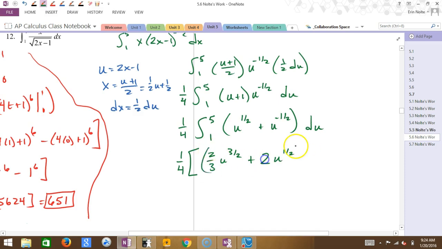Okay, I still need to plug these in. Before I plug my 5 and 1 in, and remember those are in terms of x, right now I'm in terms of u, so what do I need to do? I just keep it out there. It's going to be the very last thing that I do.